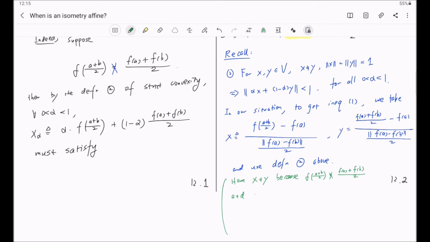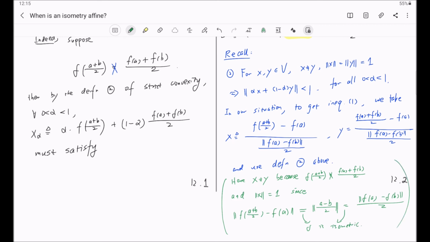And the norm of x is equal to 1 because, as I explained, the norm of the numerator, by the fact that f is an isometry, will be equal to the norm of (a minus b) divided by 2, which is the norm of the denominator, again, by the fact that f is an isometry.